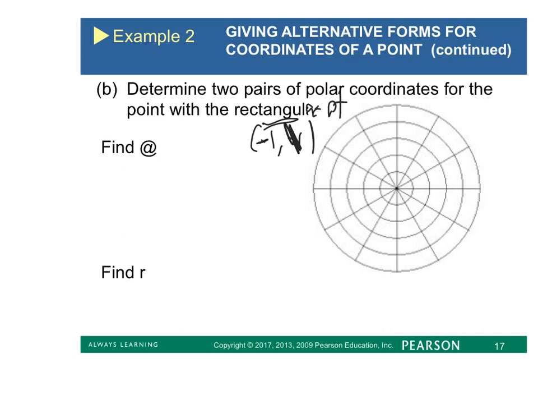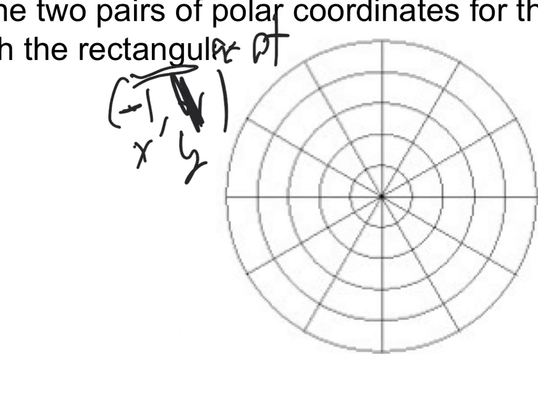So first thing we do is find theta. May as well, because we already have the rectangular point. This is my x, this is my y. So I'm going the other way around now. So finding theta, well, let's graph it. Where is negative 1, 1 at? On an xy plane, it would be 1 to the left and then 1 up. It'd be something like this. All right.